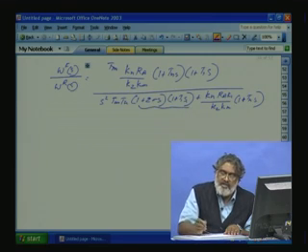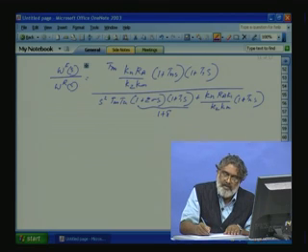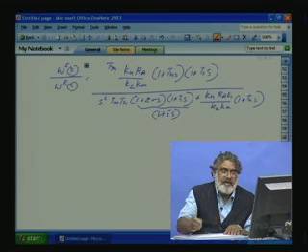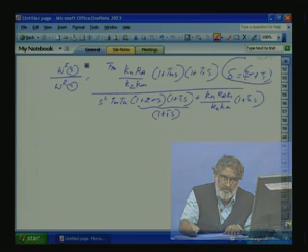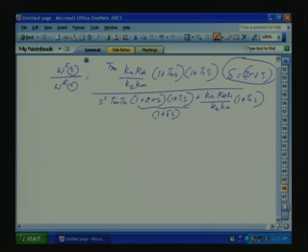Now, this we have approximated as 1 plus delta s, where delta is equal to 2 sigma plus T1.